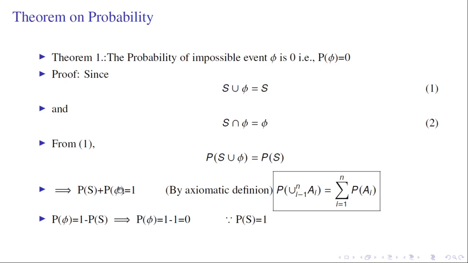So probability of phi is 1 minus probability of S, which is equal to 0, since probability of S is equal to 1.